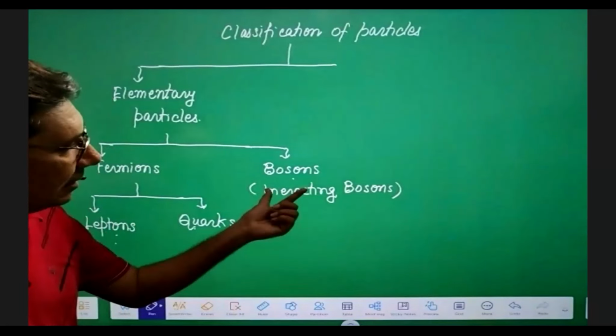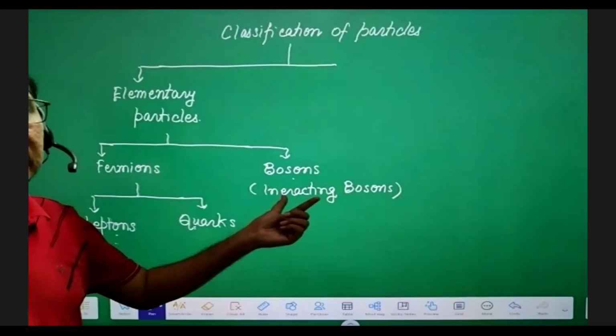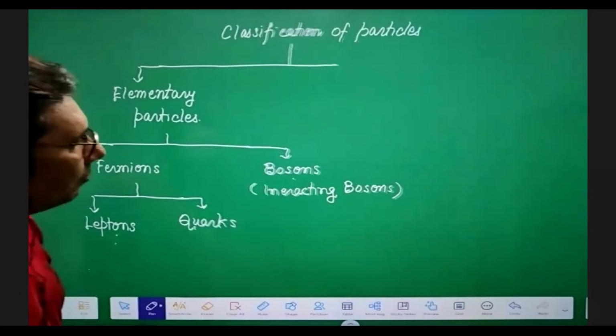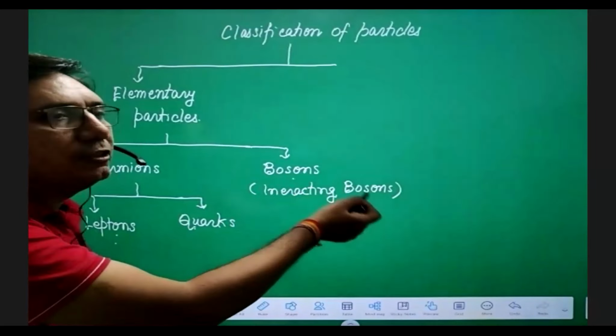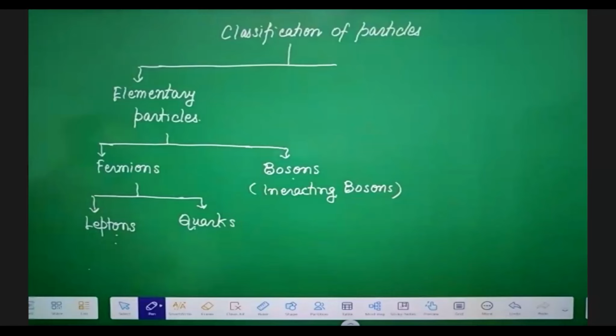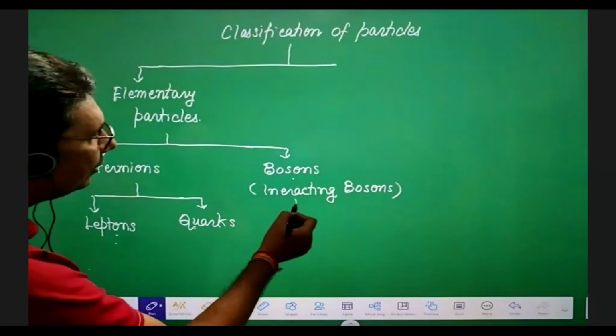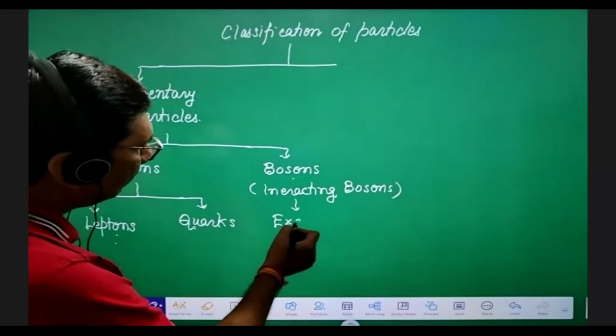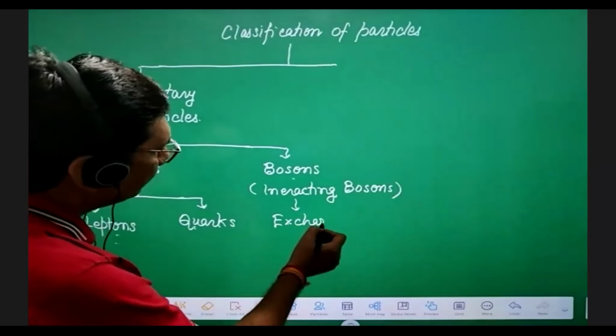So these strong, weak and electromagnetic interactions take place due to the exchange of these bosons. That's why they are also known as interacting bosons. You can also call them exchange bosons.